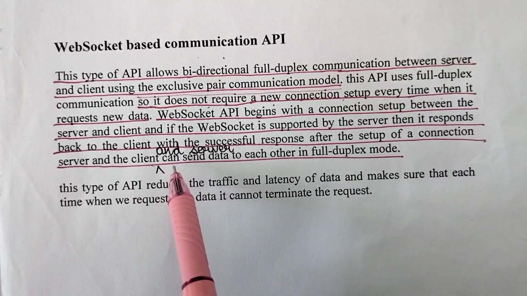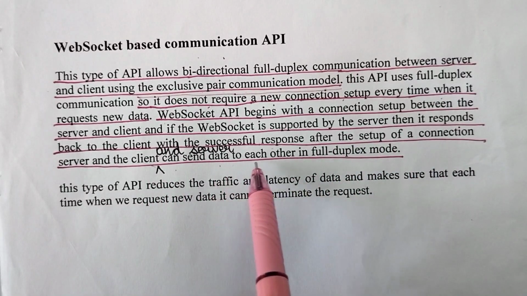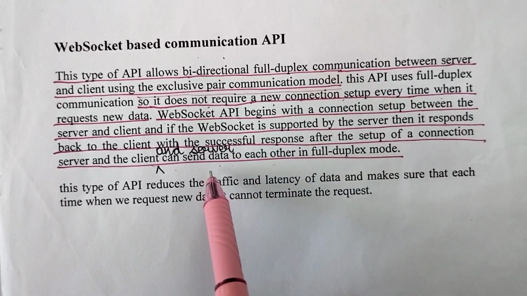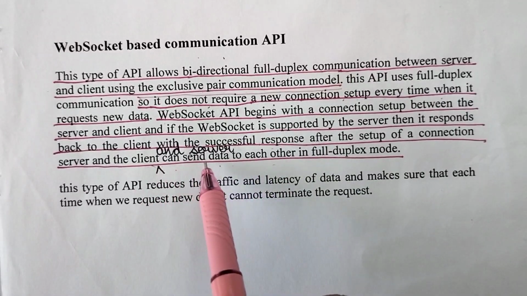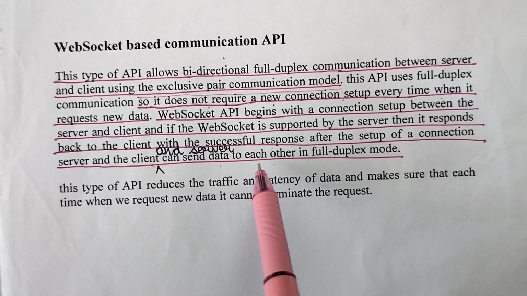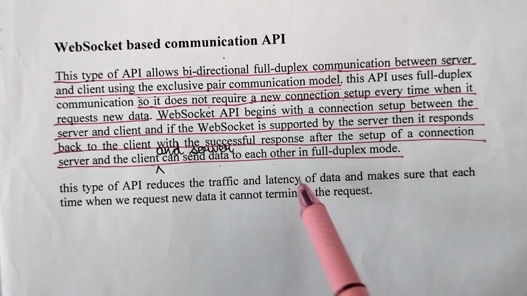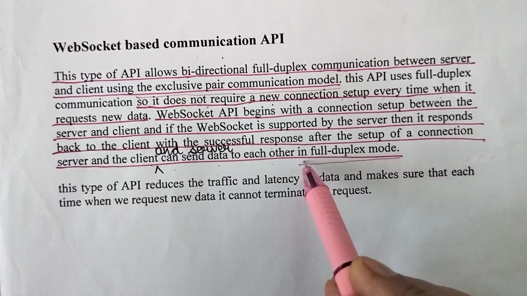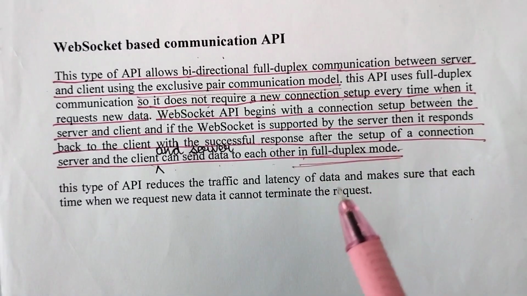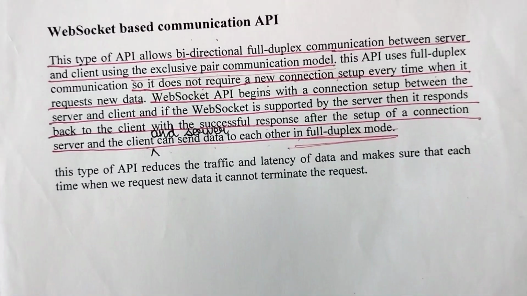The client can then send requests for data to the server, and the server can send the response back to the client. That means client and server can send data to each other in full duplex mode once the connection has been successfully established between the client and the server.